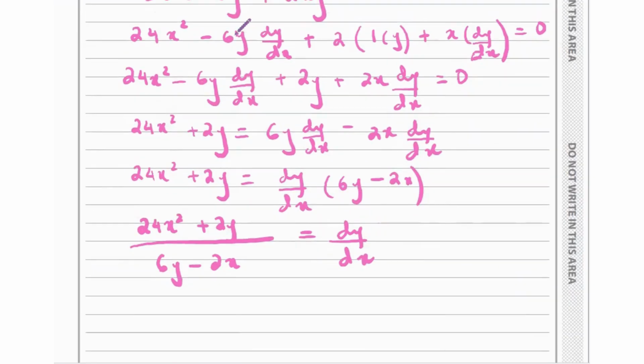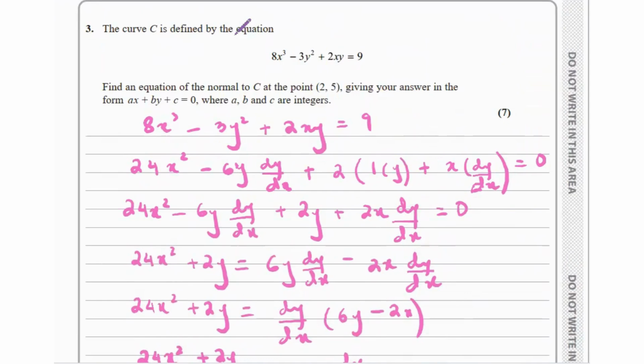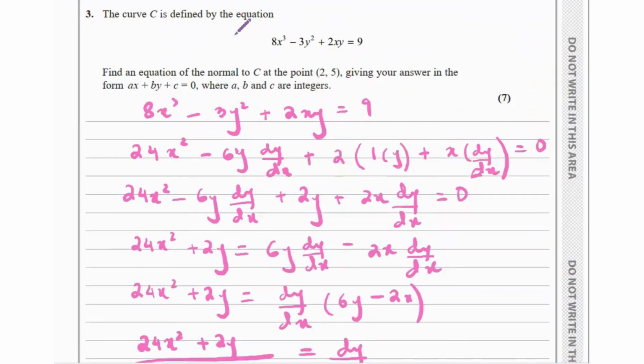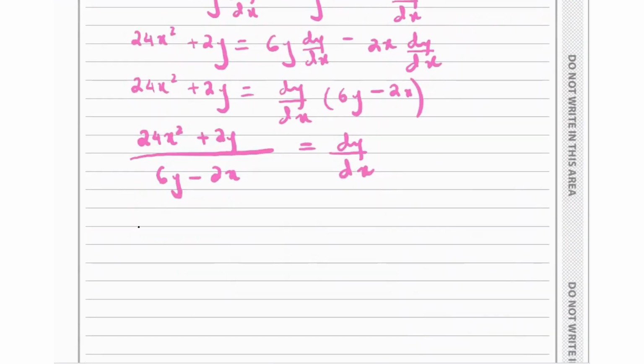Next, they already gave us a point on the curve through which the normal is passing. So we're going to use (2, 5) to find the gradient.